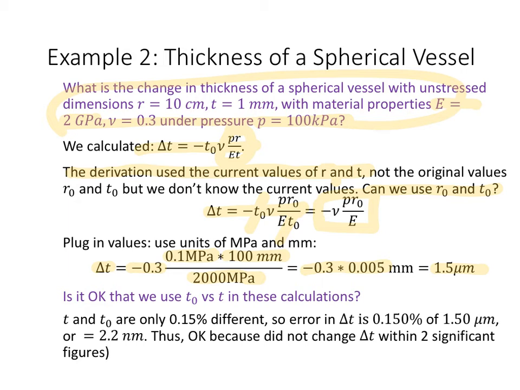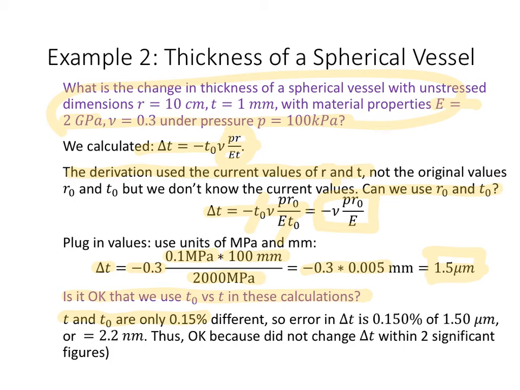So that allows us to revisit whether it's okay that we used the initial rather than the actual thickness in these calculations. We see that T and T naught are only 0.15% different, because this 0.15 micron was the difference relative to 1 millimeter.